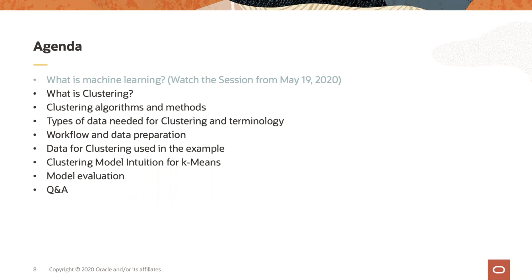So today's idea is to talk about what clustering is, the algorithms and methods, and then look at the types of data needed for clustering and the terminology, look a little bit at the workflow and the data preparation needed for that, and then check the data that we're going to be using for an example, and then look at the model intuition. I think that's going to be something that helps you. And then we're going to go into a demo of the different machine learning algorithms.